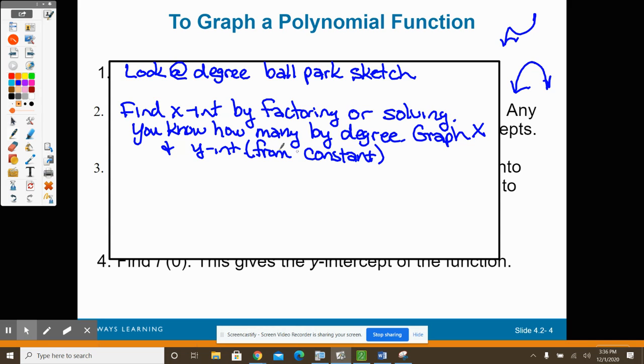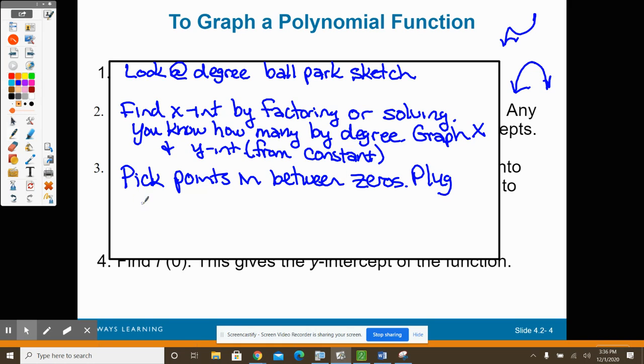Okay. Now the next thing you do is you pick points in between the zeros. You plug into equation like an XY table to get in-between points.